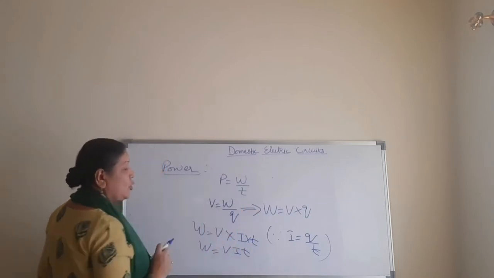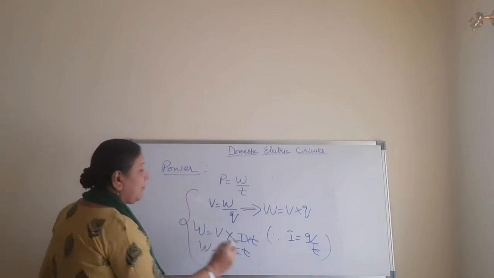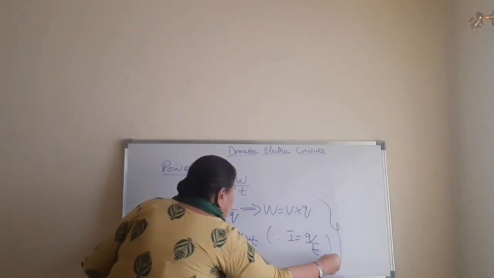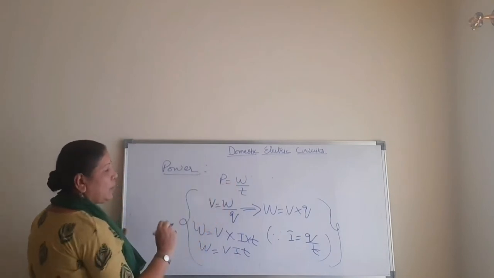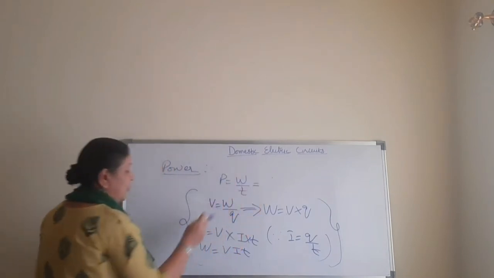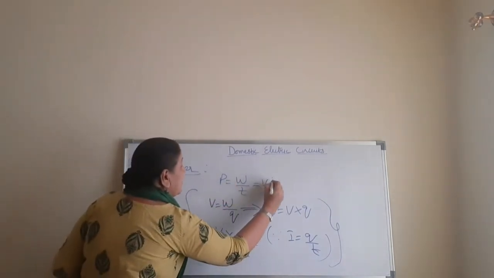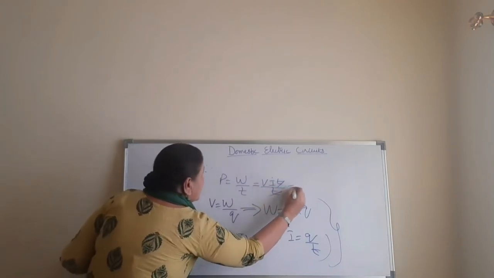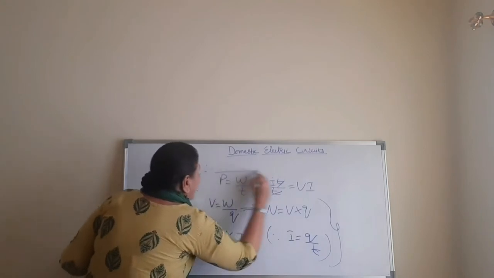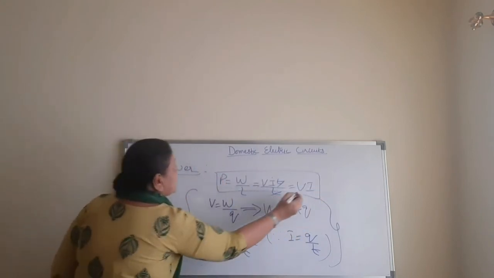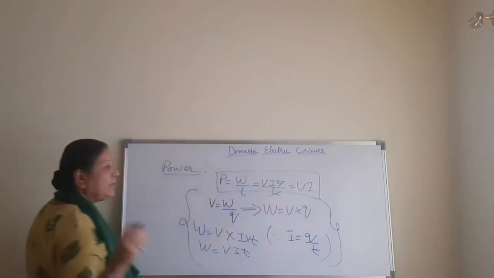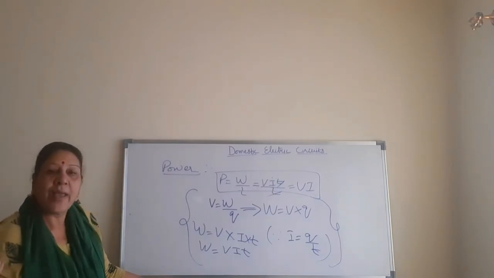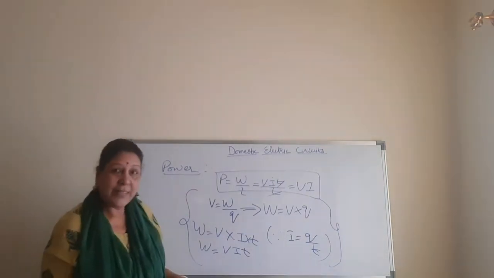Same thing I'm going to use here, that P is equal to W by T, or instead of W I can write VIT divided by T, which is equal to VI. So P is equal to VI. Power is the product of voltage and the electric current. I'm repeating it again.